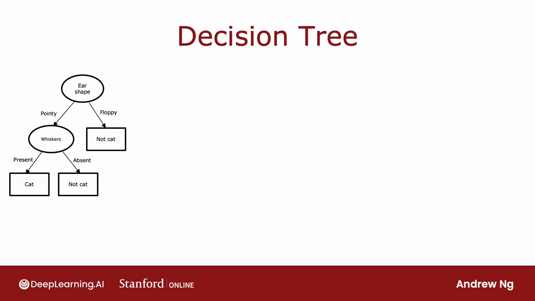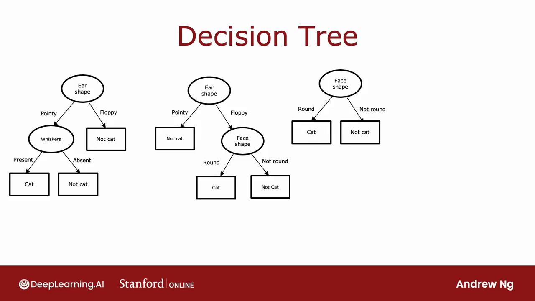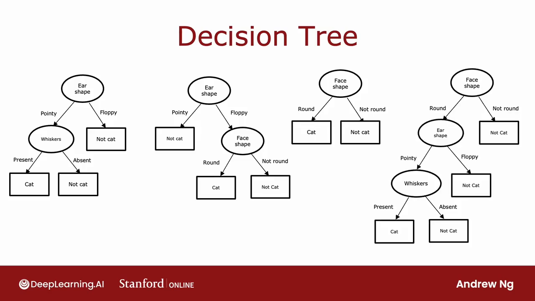If the ear shape is pointy, then you look at the whiskers feature, and depending on whether whiskers are present or absent, you go left or right again and classify cat versus not cat. And just for fun, here's a second example of a decision tree, here's a third one, and here's a fourth one. And among these different decision trees, some will do better and some will do worse on the training set or on the cross-validation and the test sets.